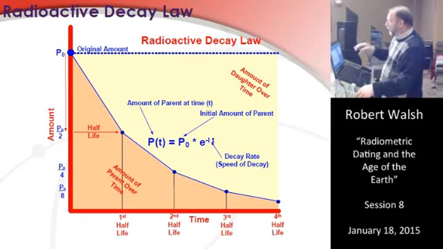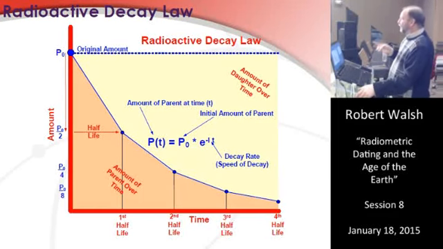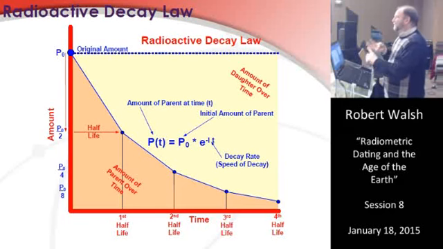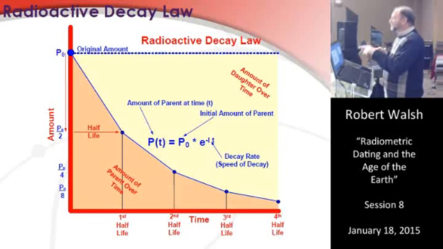In other words, from today, we can extrapolate back to the original amount and know that figure. That's an assumption. And the third assumption that I want to add, which everyone seems to forget, is that this law, the way it is presented, is isolated from everything else.